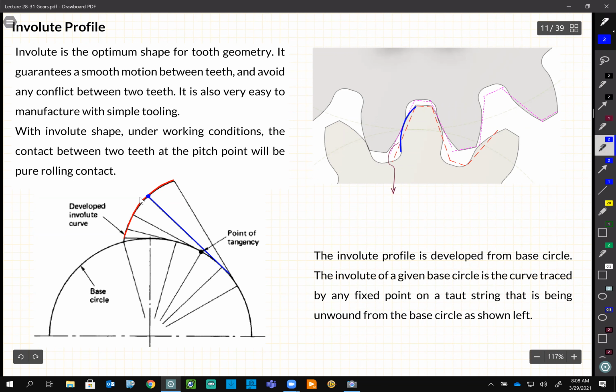At any point, if I draw a line tangent to the base circle and at the same time normal to this profile, so this has to be normal. It doesn't matter if it is that line or the other one, let's say this one.